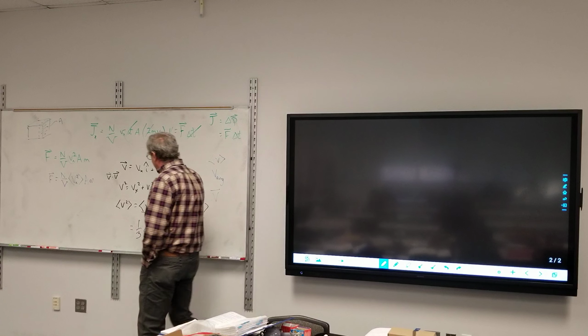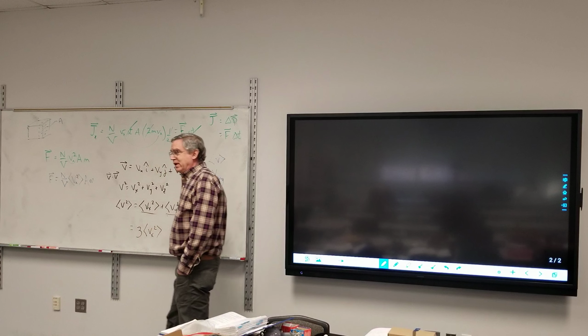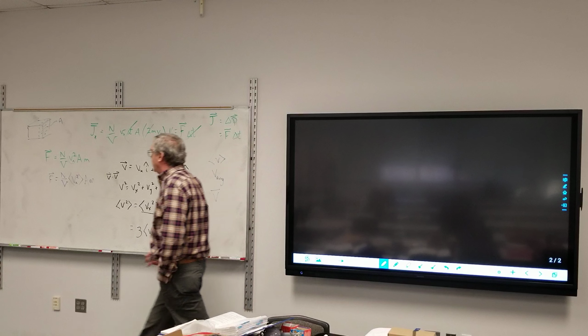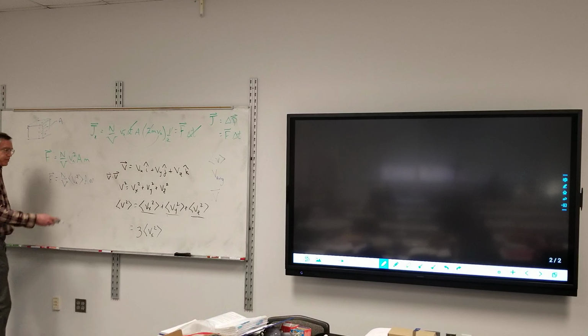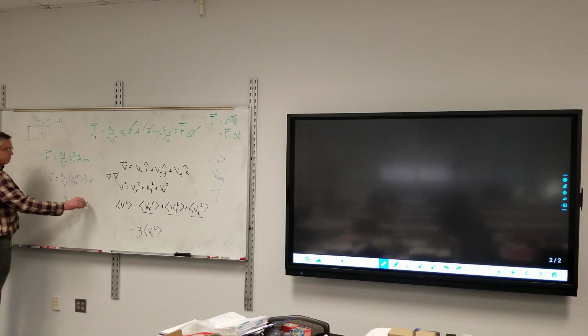In other words, the average value of Vx squared is 1/3 of the average value of V squared. So we get N over V, m, 1/3 average V squared.